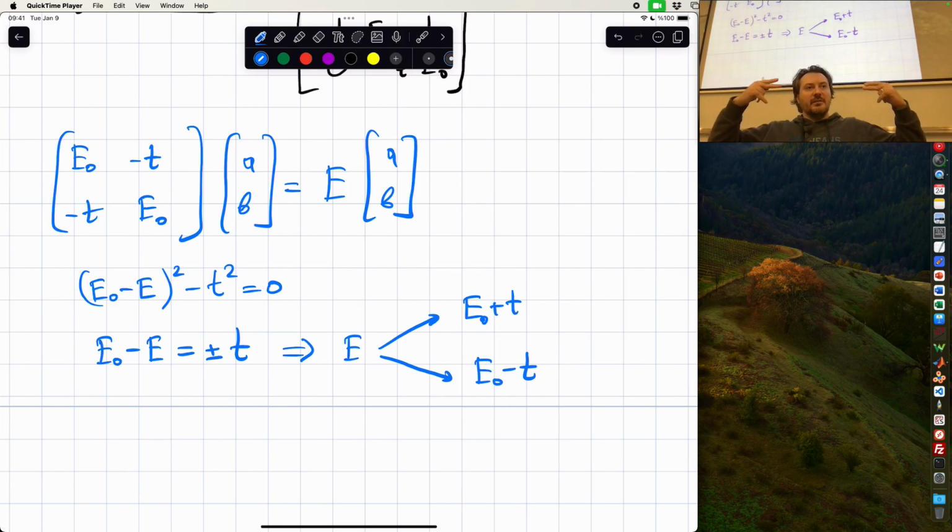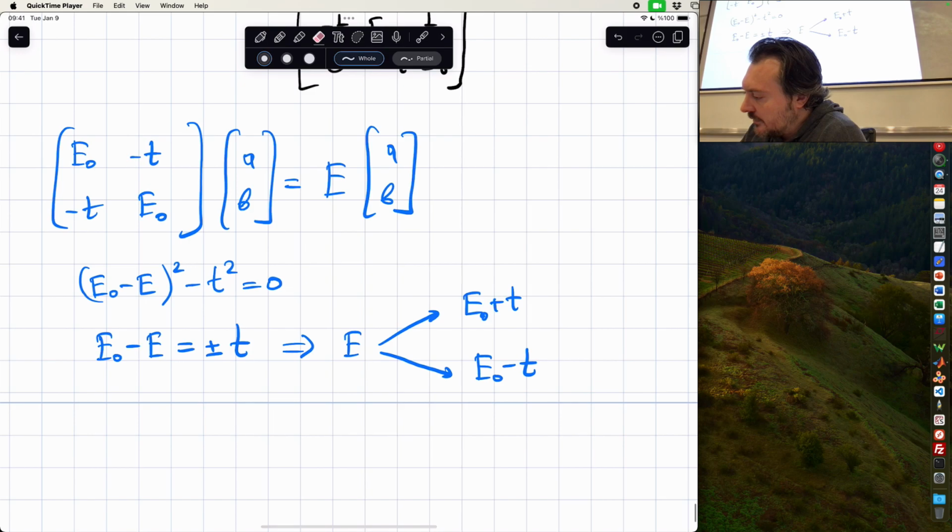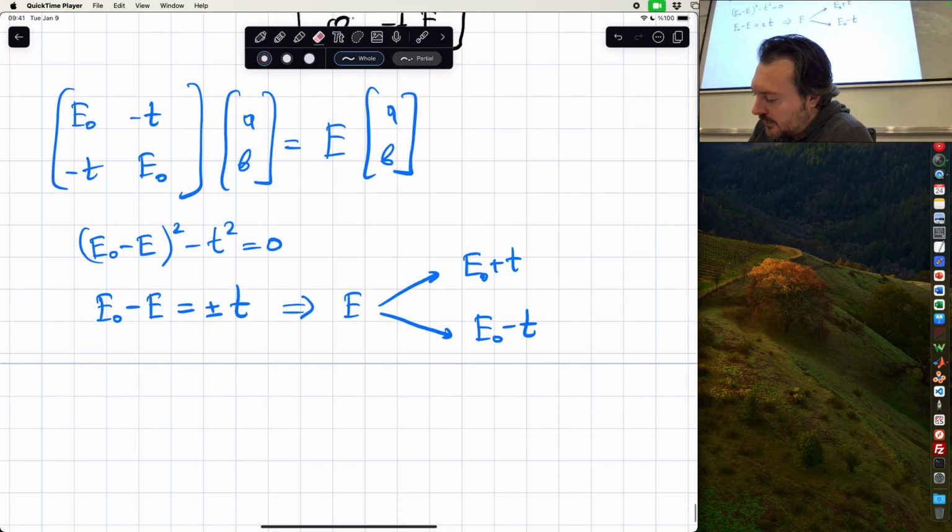So based on the interaction, as you bring them closer and closer, the T parameter increases, the interaction increases, and there is a splitting between the orbitals, right? There is a bonding and antibonding, and we will see soon why one of them is bonding. How do you find the eigenvector for each one of them? So there is lambda 1, or let me call it E1.